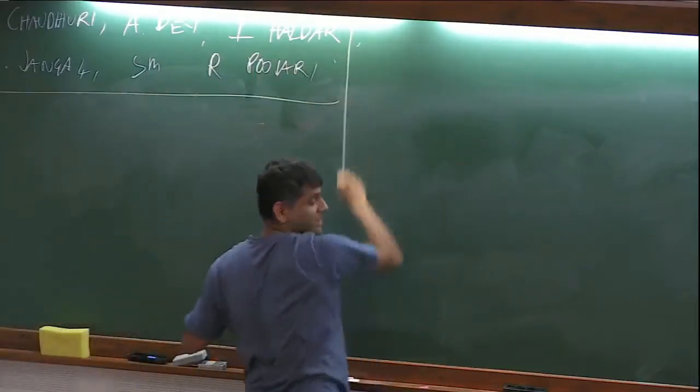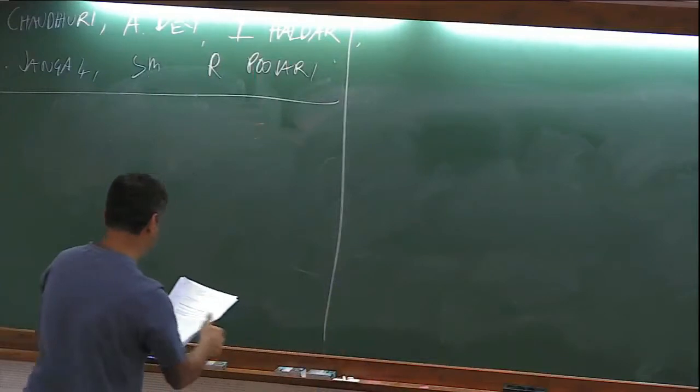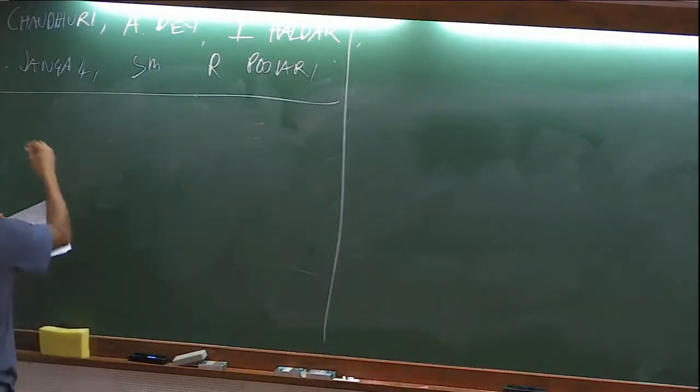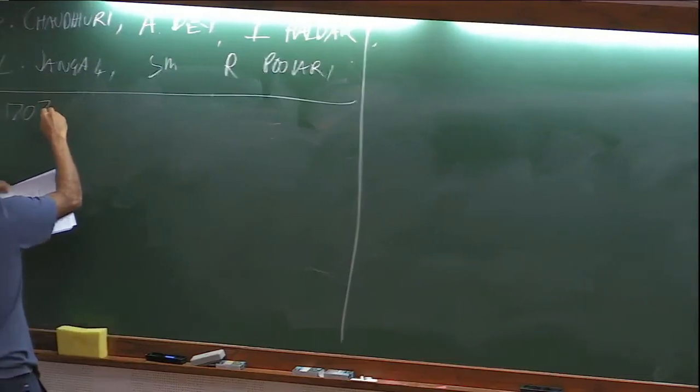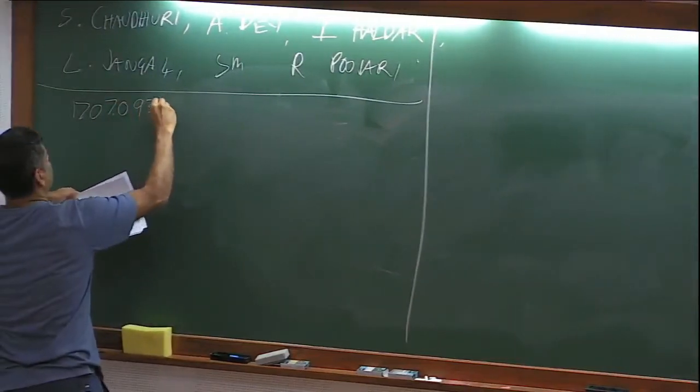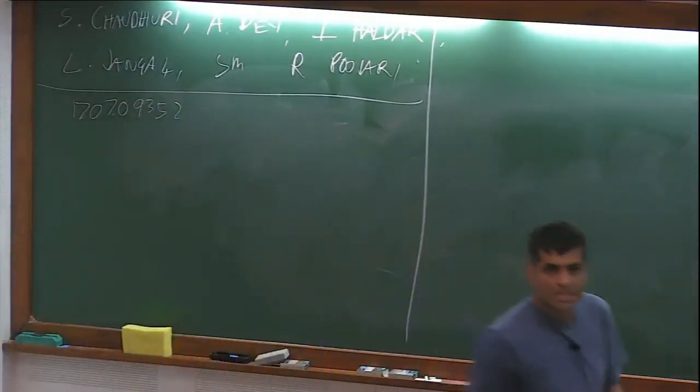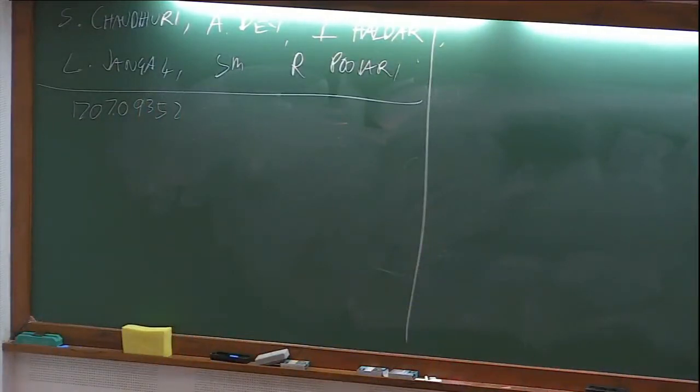Everyone in the author list is in TIFR, split between postdocs and students. And the arXiv number is 1707.09352. Okay, so this talk is about this very fashionable theory called the SYK theory.